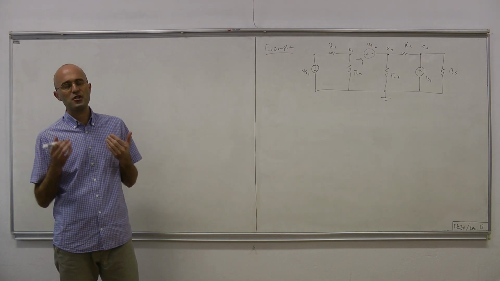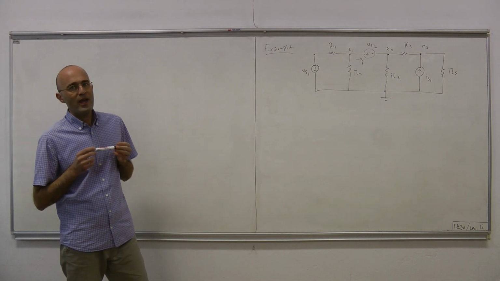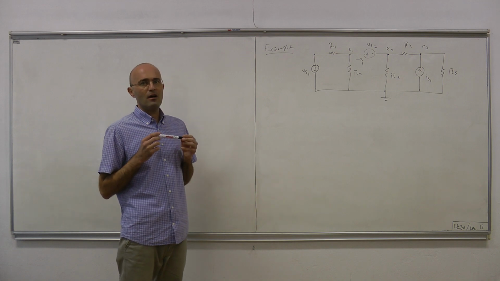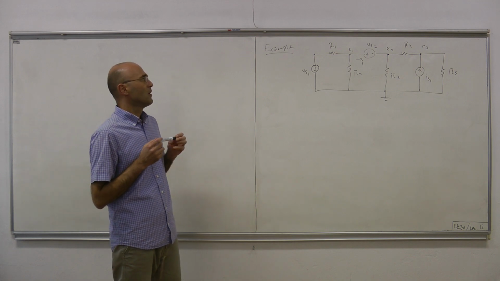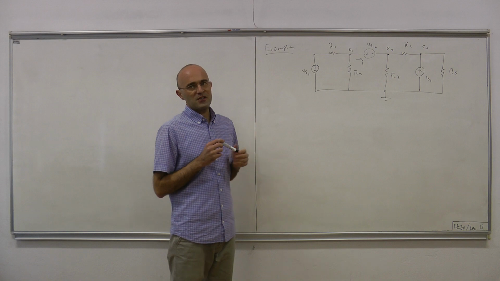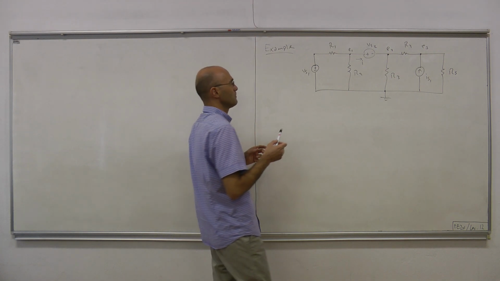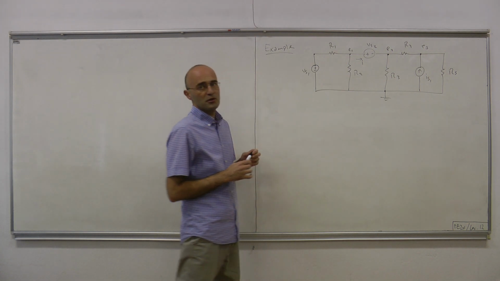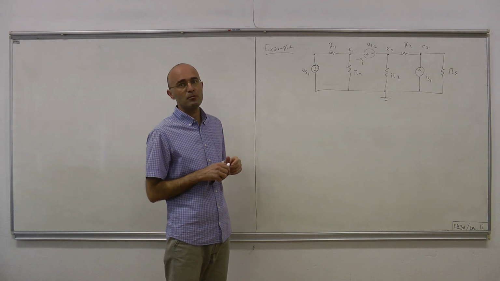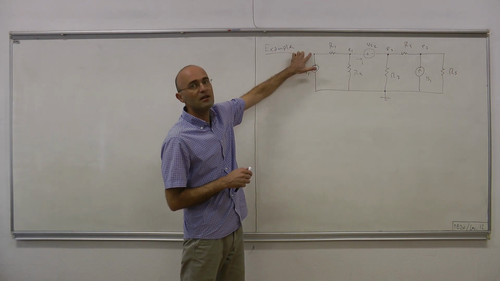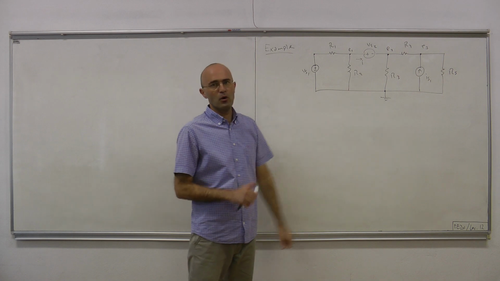So in such cases, we have to modify slightly our method. Here was the last example that we talked about, where we have two voltage sources. This voltage source is not really problematic because it's between this node and the ground node.